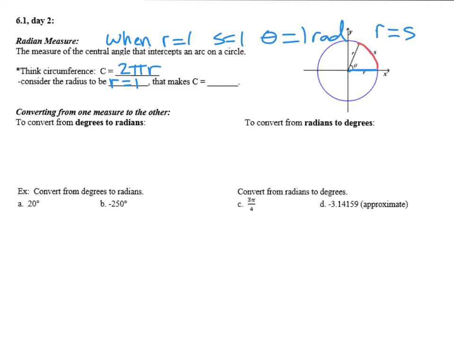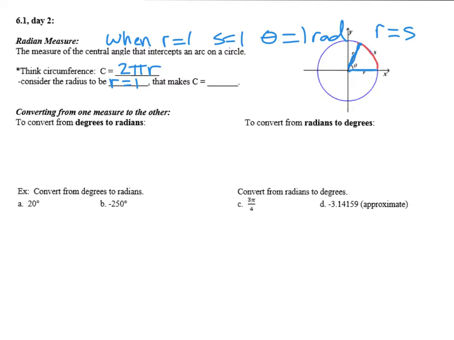Technically, that angle is formed by 2 radii, plural for radius. So if it is formed so that the length of the radius is the same length as the arc, you have a radian.